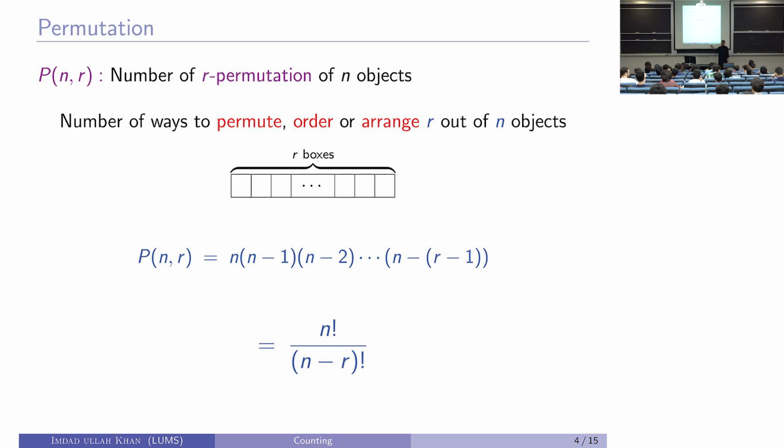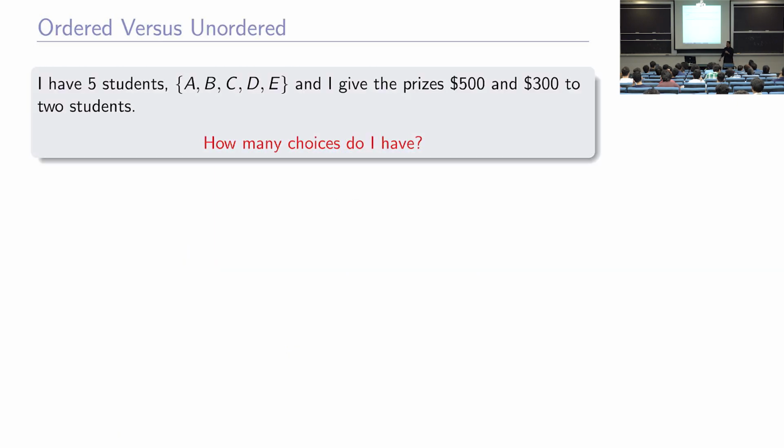Just one division; this way is too many multiplications. Is this clear? The number of ways to permute r out of n objects is P(n,r). The value is equal to n factorial divided by n minus r factorial.